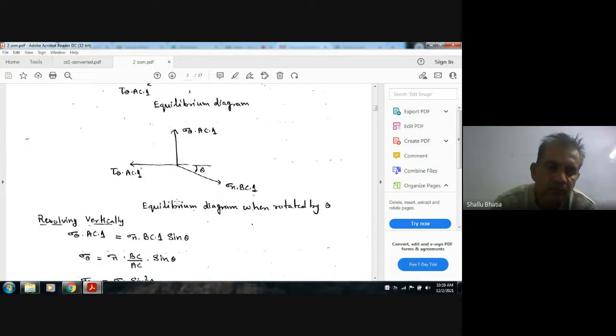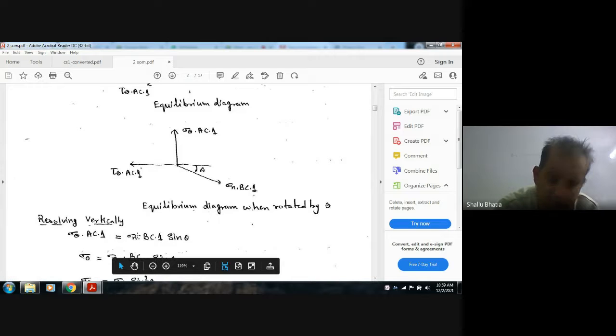Now, resolving vertically, the vertical part of sigma theta is sigma theta AC into one. It has only the vertical part, and the vertical component of sigma x BC into one is sigma x BC sine theta. So this is vertical upward, this is vertical downward.